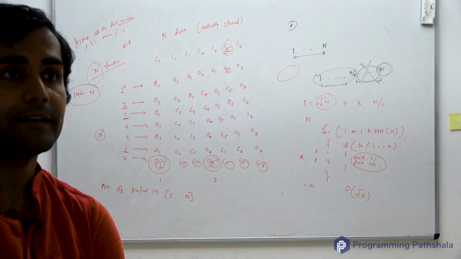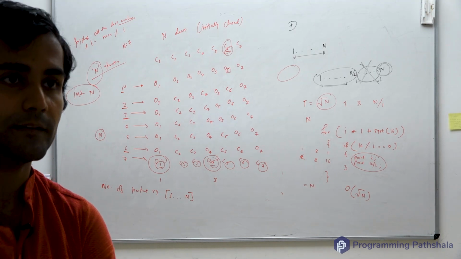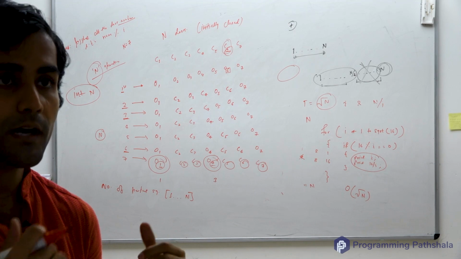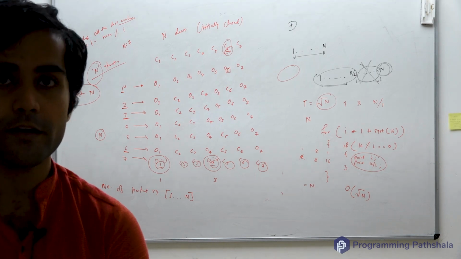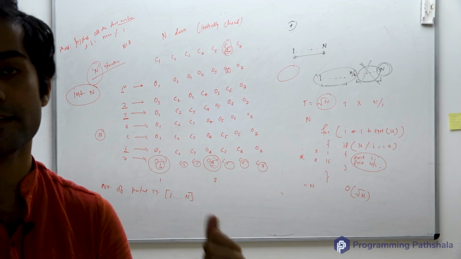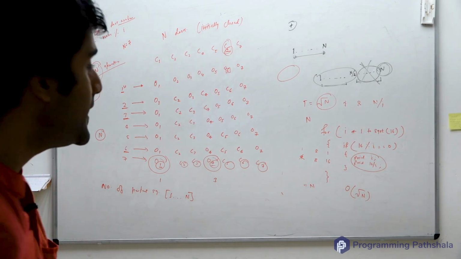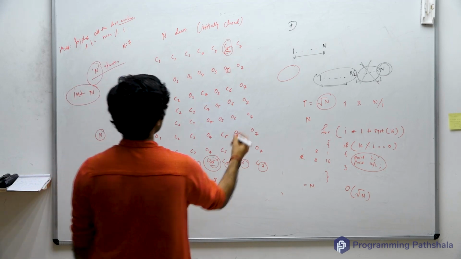Now tell me, what will be the number of perfect squares in between 1 to n? To count them, do you need to iterate from 1 to n, or can you do that really easily? I think you can do that very easily because let's say the value of n is 100.